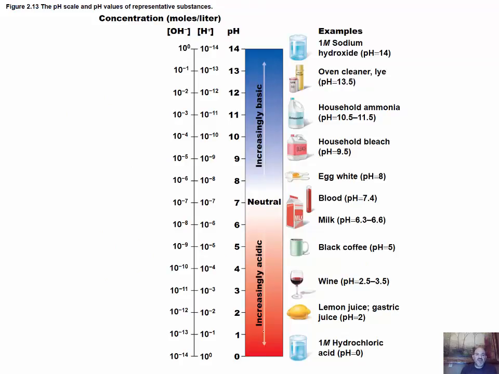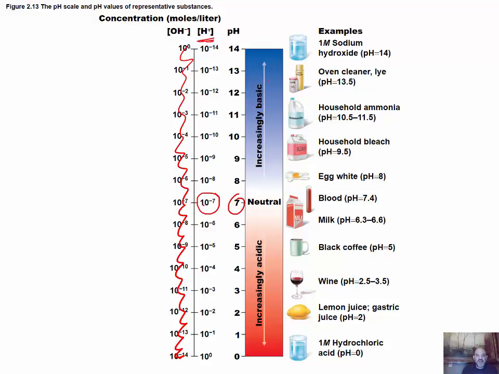Okay, so here's our pH scale, and we can ignore this. This has to do with another scale called pOH. But here shows your pH scale, which we've been talking about. So you can see right here, if we have a pH of 7, that corresponds to, coming back here at the top, our hydrogen ion concentration of 10 to the negative 7.